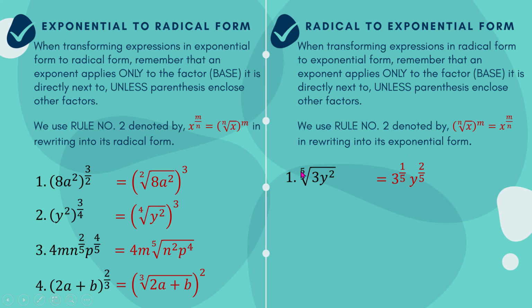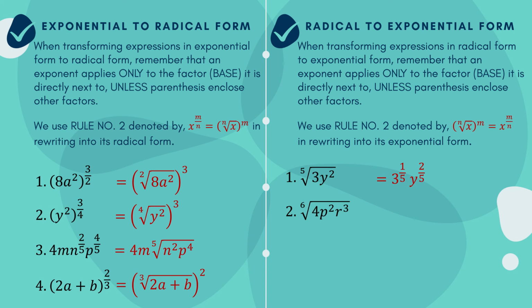Kaya ang ilang common denominator is 5. Meaning, ilang common index kay 5. Mao na ilang common denominator sa duha ka fractional exponent. And the exponent of 3 is 1, so 1 over 5. Next is y, exponent 2 over 5. Kaya exponent sa y, so sa radical symbol is 2 over index nga 5.